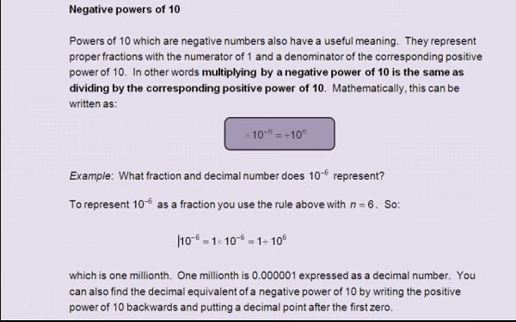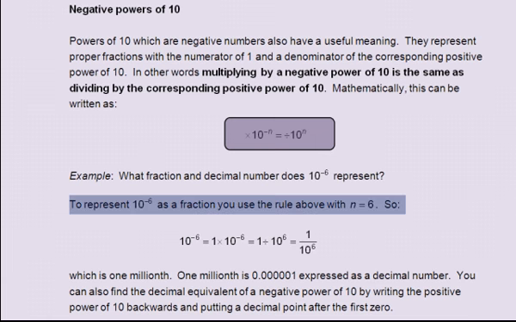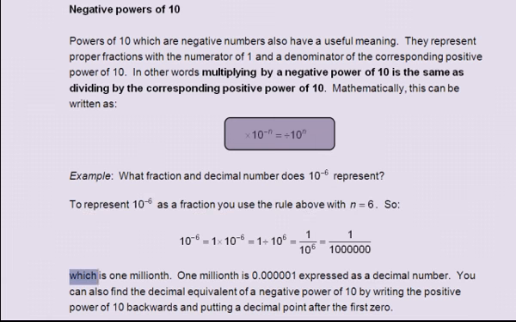Continuing on, this can be written as 1 over 10 to the power 6, which equals 1 over 1 million, which is 1 millionth. 1 millionth is 0.000001 expressed as a decimal number.